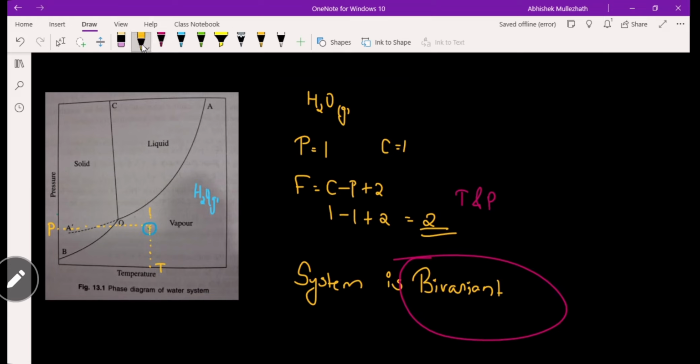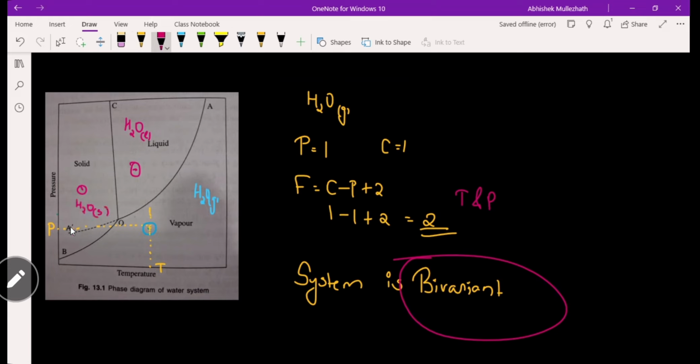Similarly, if our system is at this particular point, your F value will again come out to be 2, because the number of phases is the same, water in liquid state, and components 1. Again, if I say the system is at this particular point, here solid ice is present. So chemically, I can write water in solid state is present at this point.